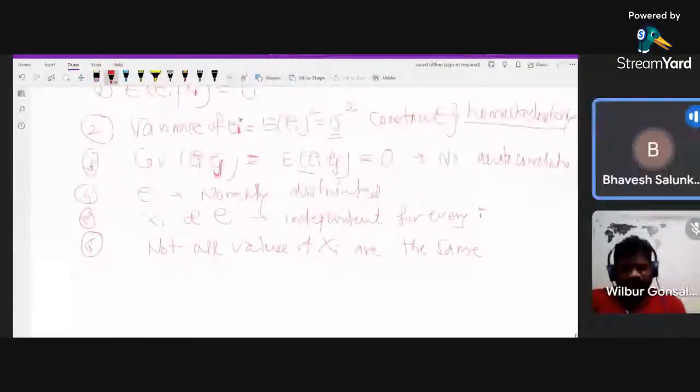Given these assumptions are satisfied, our estimator, which is alpha hat, and the formula for that is y bar minus beta hat x bar. This we estimate on the basis of the sample. So this is the estimator, and let's call this the ordinary least squares estimator.